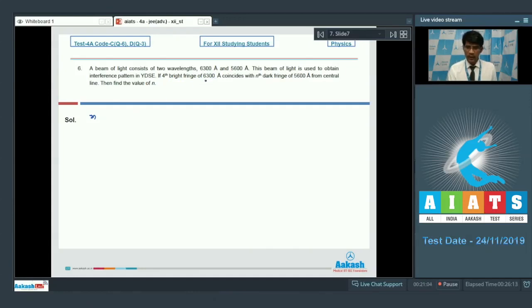I would say that from this line, if fourth bright fringe of 6300 angstrom, that means I need to find the fringe width for this one. It is lambda D divided by small d, lambda being 6300, D divided by small d. This is the fringe width. It's fourth, this one is actually coinciding with nth dark fringe of 5600. It is there, the fringe width will be how much? 5600 into D divided by d.